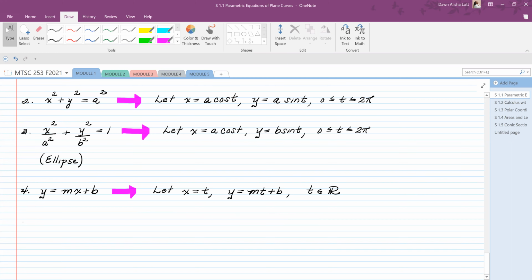Okay, one more. y is equal to x squared. So this is a parabola. So I can let x equal t and y equal t squared.